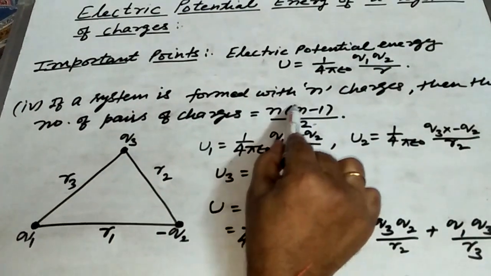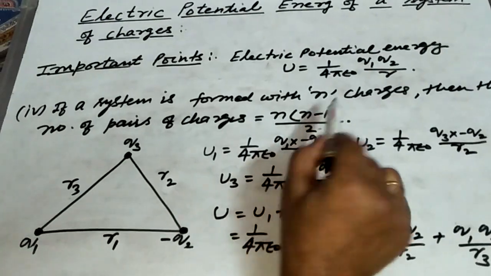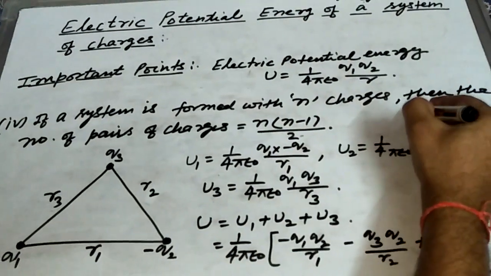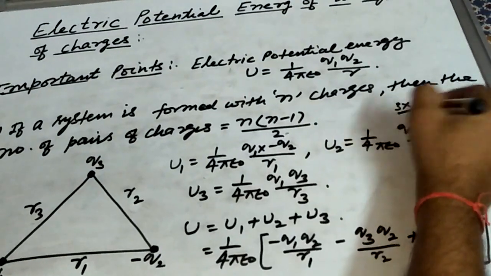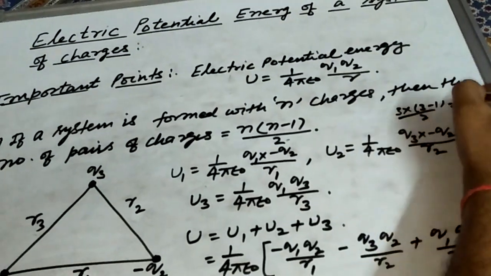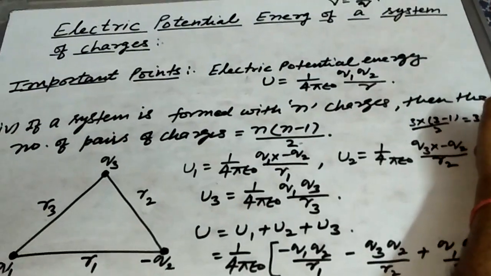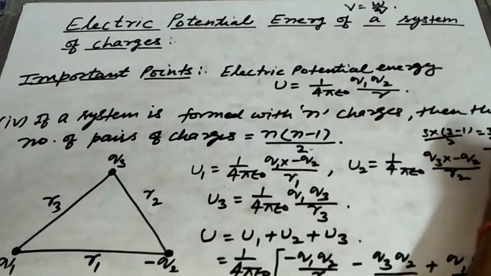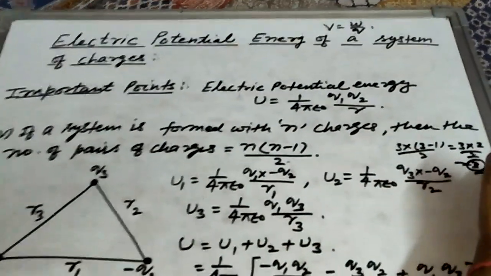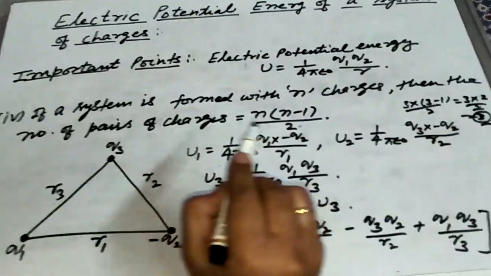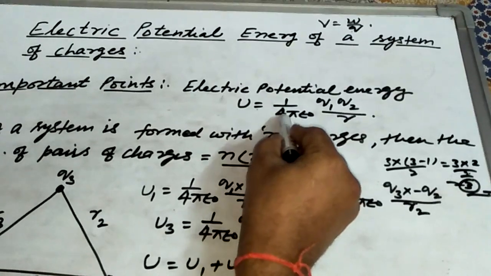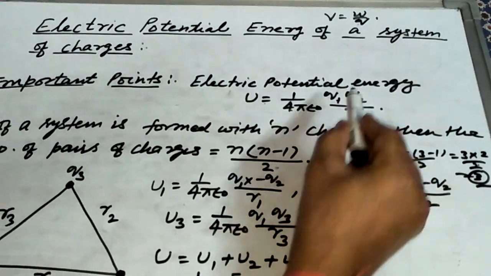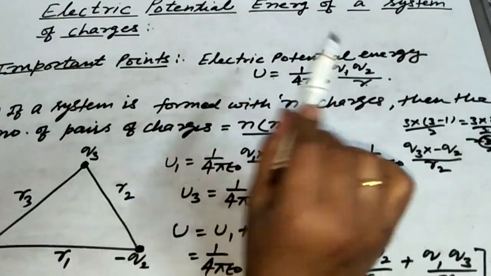So 3 into 3 minus 1 by 2, which is 3 into 2 by 2, that is 3. So 3 pairs will be formed. And for each pair, we will use the formula U is equal to 1 upon 4 pi epsilon naught Q1 Q2 by R and calculate the potential energy.